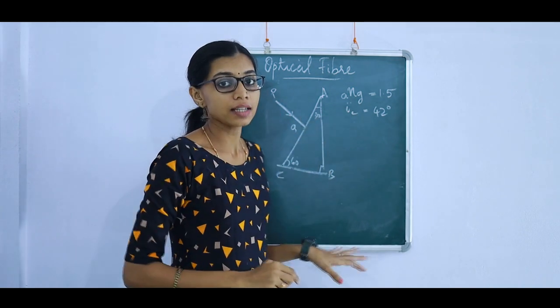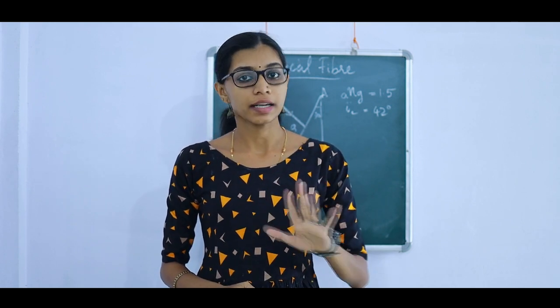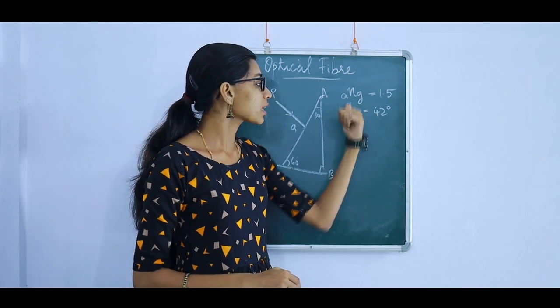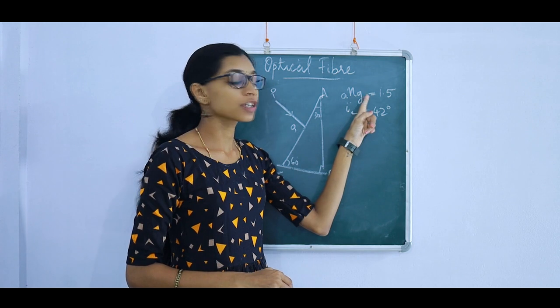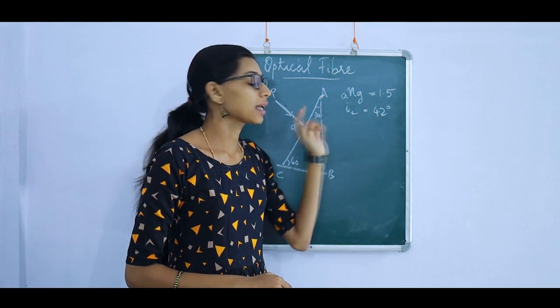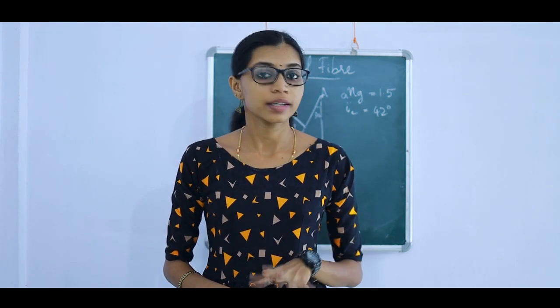You have to find the angle of emergence, and you should also find the path of the ray. Two things that we have to do. So two things given to you are the refractive index of glass with respect to air, that is 1.5, and the critical angle of glass, that is 42 degree.